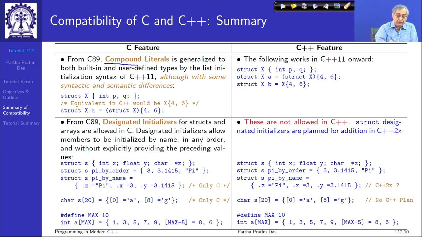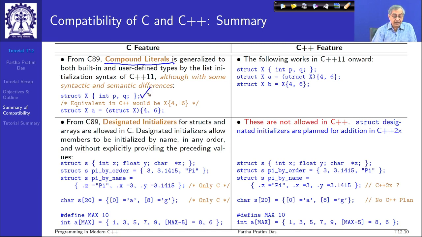From C89, the compound literal. Literals like 5, character constant a or true are simple literals. A compound literal is where we have more than one component. So, typically they occur in terms of a structure.